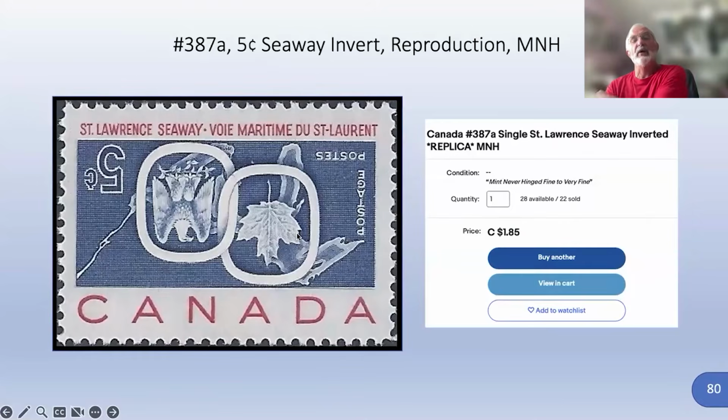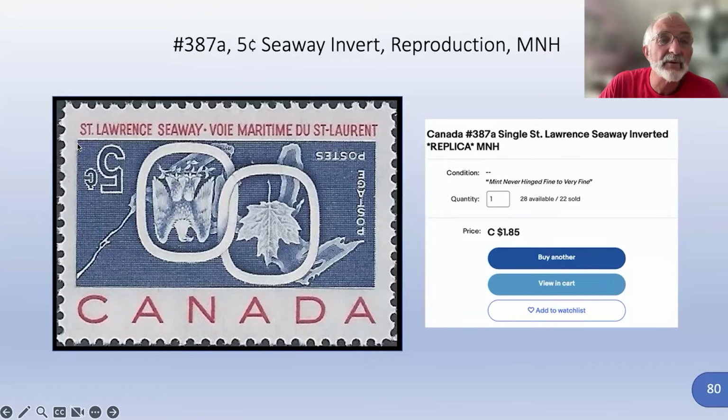Here's the Seaway invert. Canada's 5-cent Seaway with an inverted center is like your inverted Jenny. It is Canada's most popular variety, error. And this is a replica sold on eBay. He had 28 available, sold 22 of them, at $1.85.